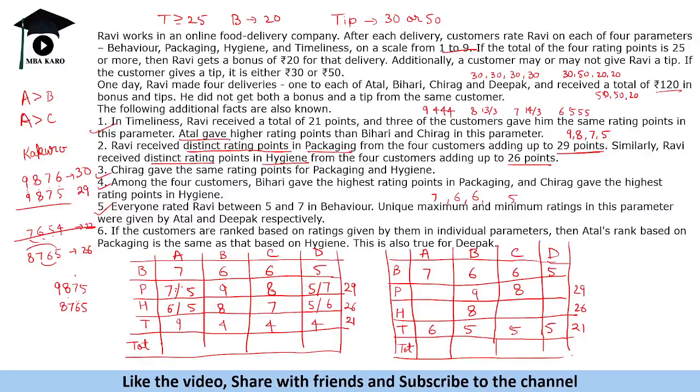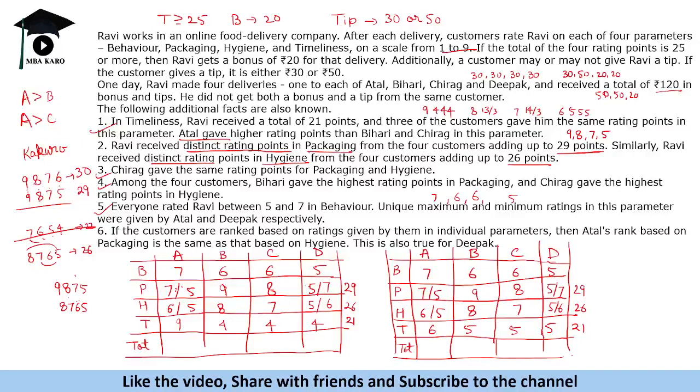Similarly, in this case also we will have the same thing. 9 8 is already given. So 7 5 we can arrange in two ways. If it gives 7 it will give 6 and vice versa. So this means that 7 points go in this. Okay, so this we have built.